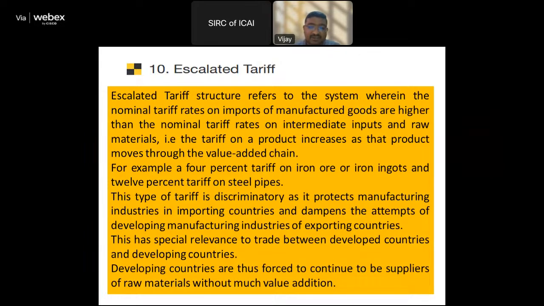Then for that value addition, the rate will be more. So that is what I will call escalated tariff. For example, iron ore rate will be 4%. Steel pipes, from that iron ore, the finished product, the rate will be 10%.